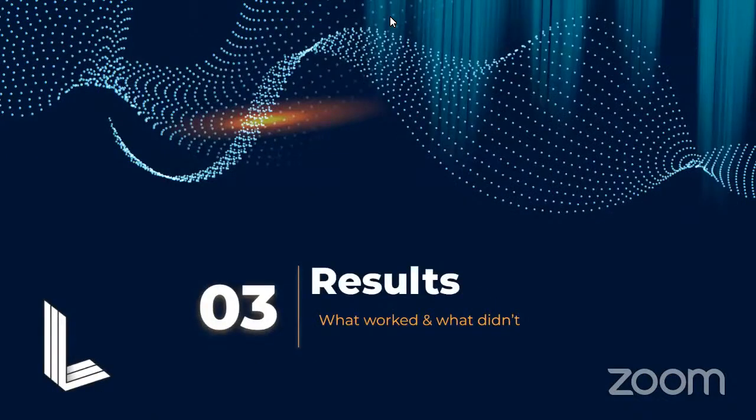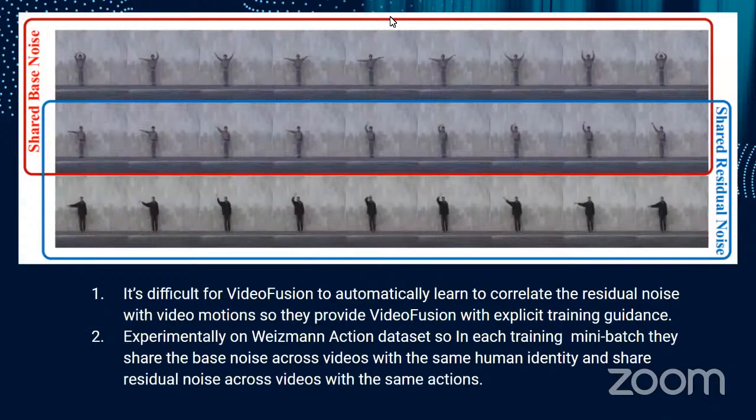Okay, coming to the results of this paper. Next slide. In this part, they test VideoFusion on a dataset called Human Actions, which contains different people with different motions.